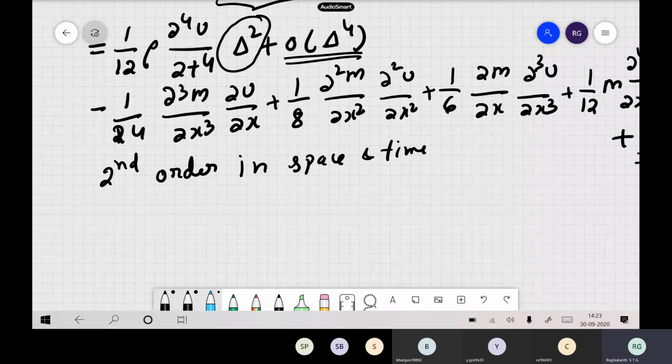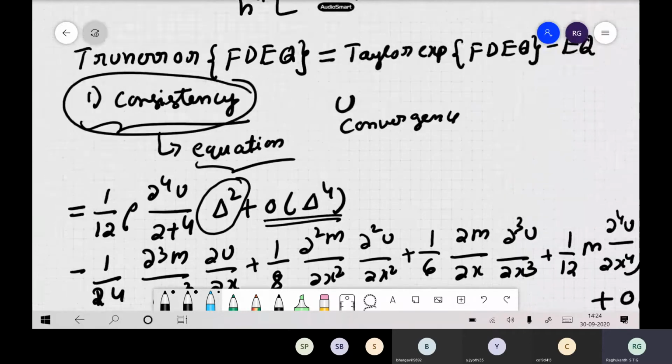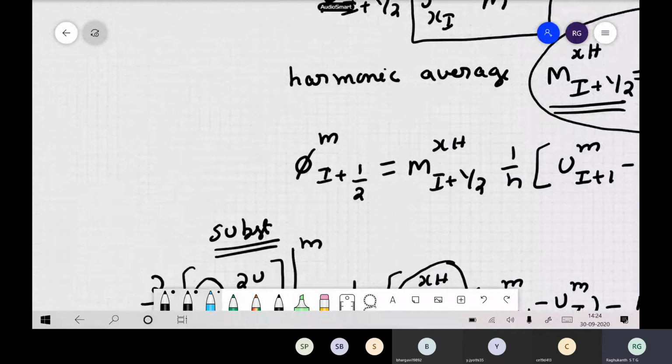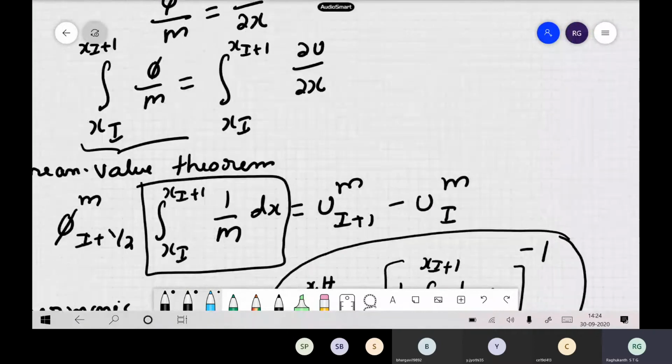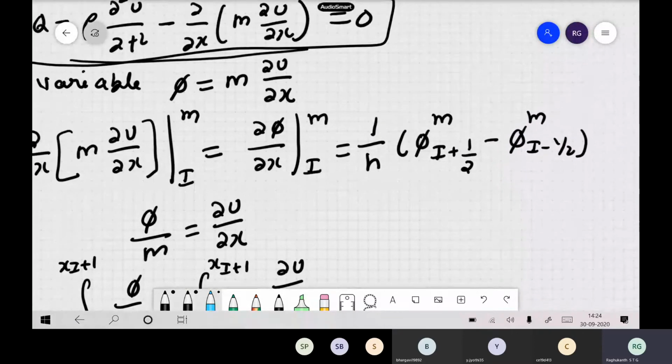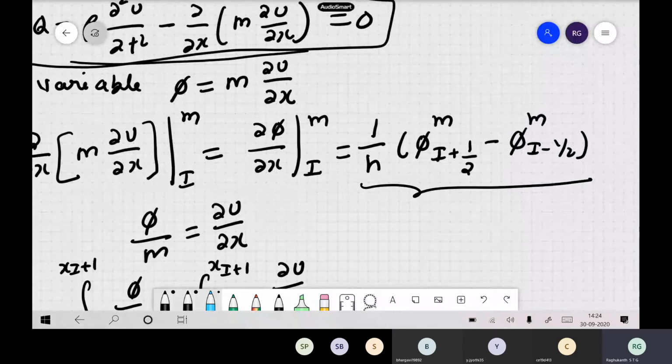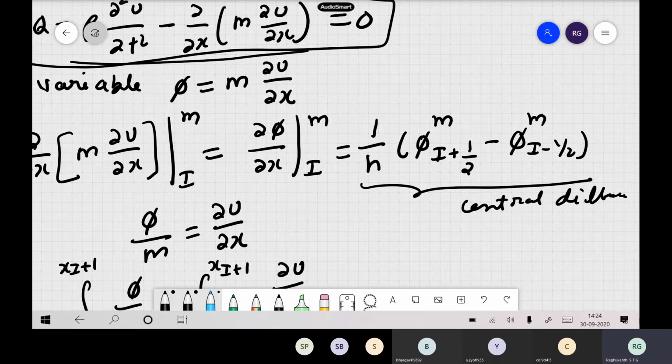So if you want to increase the order, what do you have to do? See, how did we represent derivatives here? In the previous problem, how were we writing our derivatives? What is the order of this derivative? What is the expression we have used? We had forward difference, backward difference, and here we have used central difference only. For central differences, what is the error?